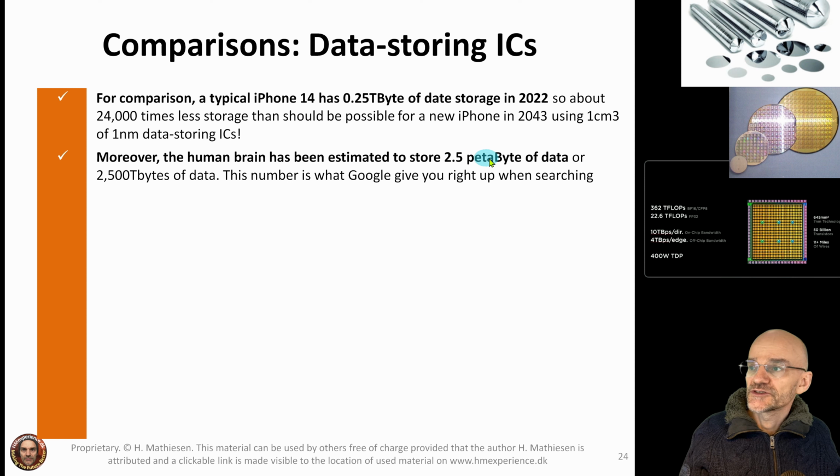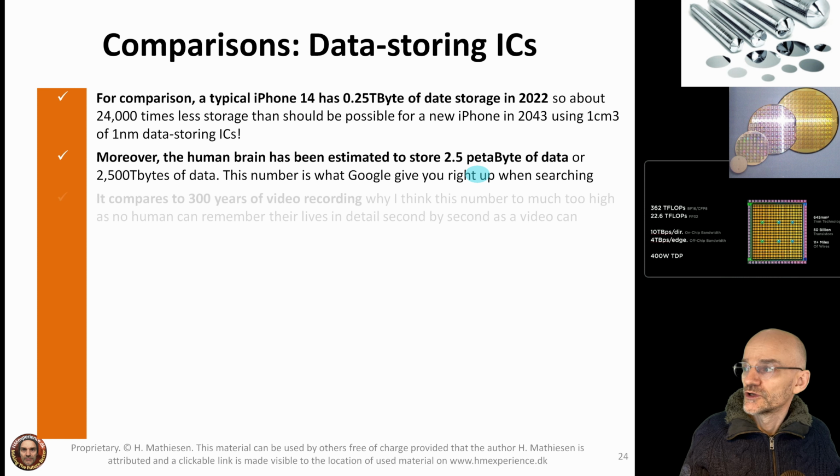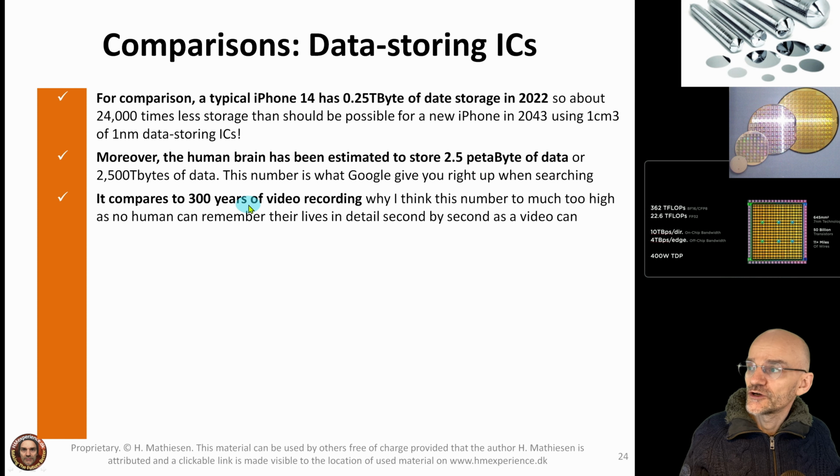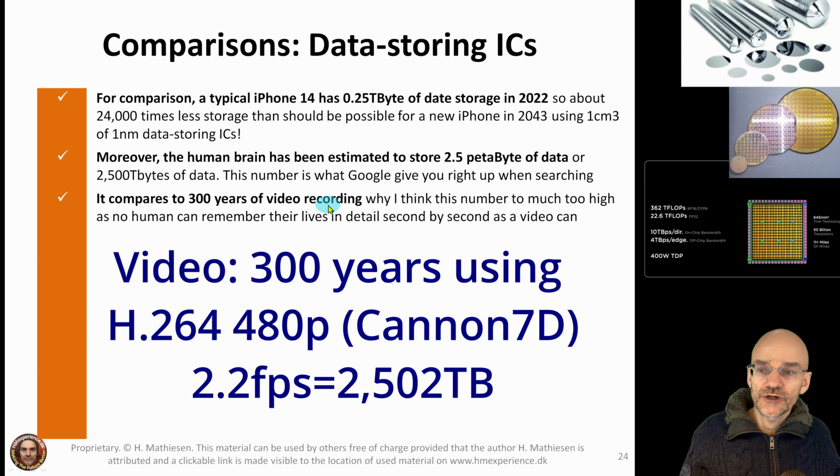Also, there have been some studies out there that say a human brain can store 2.5 petabytes of data. That's 2,500 terabytes of data. That's the number you get when you Google how much data can a human brain store. Now that compares to about 300 years of non-stop video recording with many frames per second in high detail.